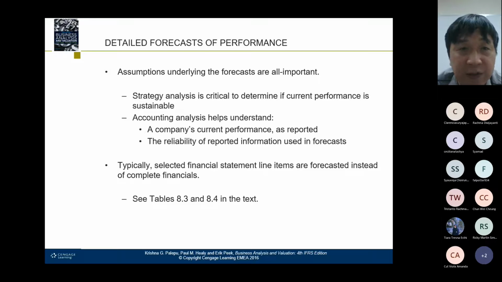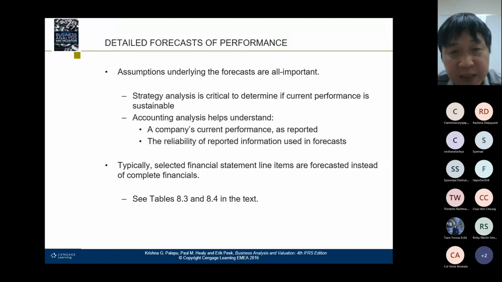The detailed forecast performance assumptions underlying the forecast are all important. Strategy analysis is critical to determine if current performance is sustainable.